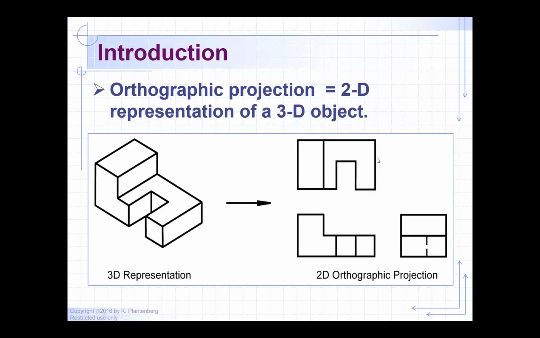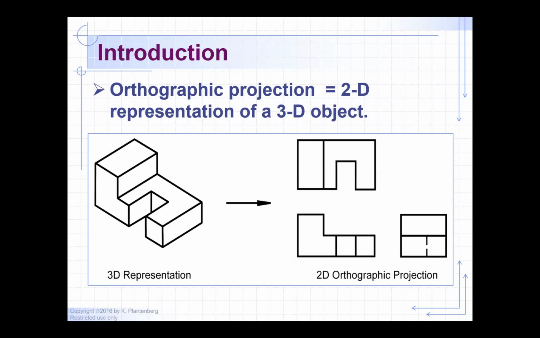So, here's that example of the 3D representation, and we're taking that 3-dimensional object and we're creating these 2-dimensional orthographic projection views. So there's 3 separate views in this case required to fully define the size and shape of this 3-dimensional object.